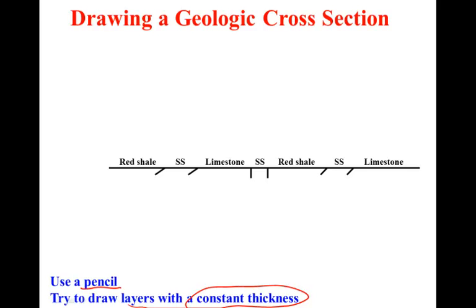We can use that fact as we draw a cross-section by trying to draw our units, our rock layers, in such a way that we're not getting radical changes in their thickness.